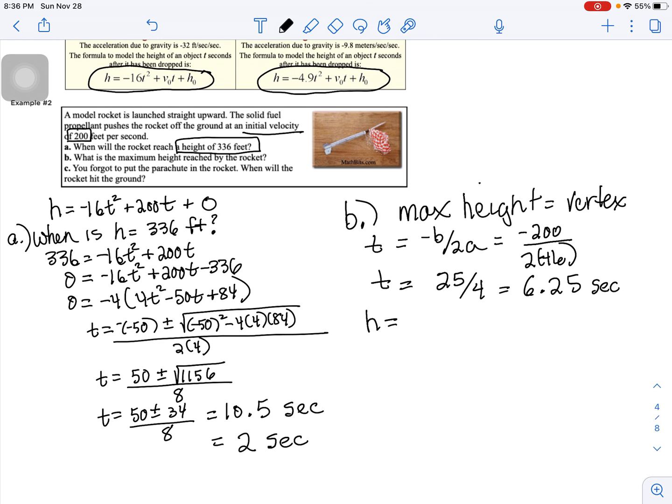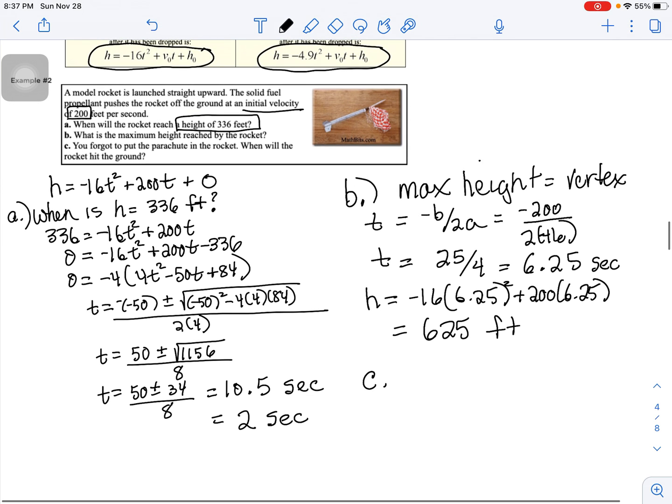So you're going to get h equals negative 16 times 6.25 squared plus 200 times 6.25. And that maximum height is 625 feet.